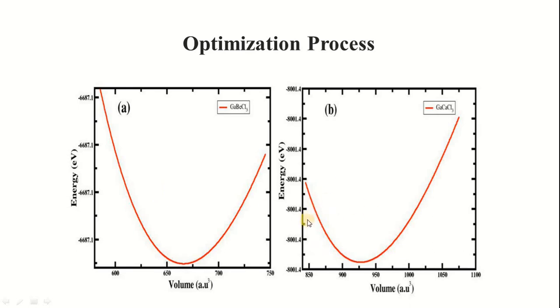So the compound having a sharper optimization curve will have more structural stability as compared to the compound having a less sharp optimization curve. Apart from that, a compound having more ground state energy will have more structural stability, and a compound having less ground state energy will have lesser structural stability.